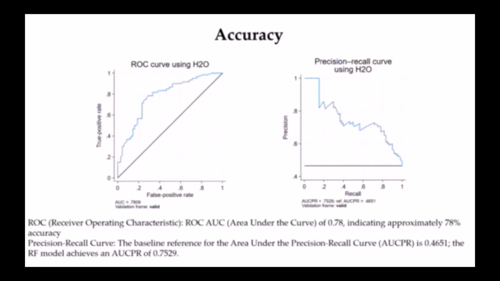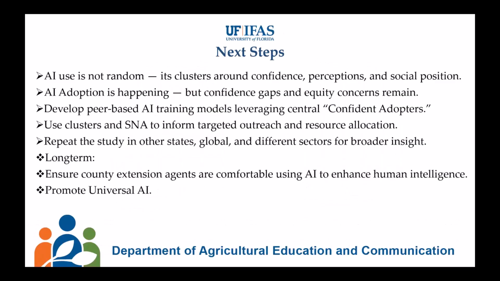So these predictors and the target are very accurate. That's one piece of work. Our next steps are local, national, and global. We want to make sure that AI is not a random pick. AI really needs people's intention, intervention, and behavior change.